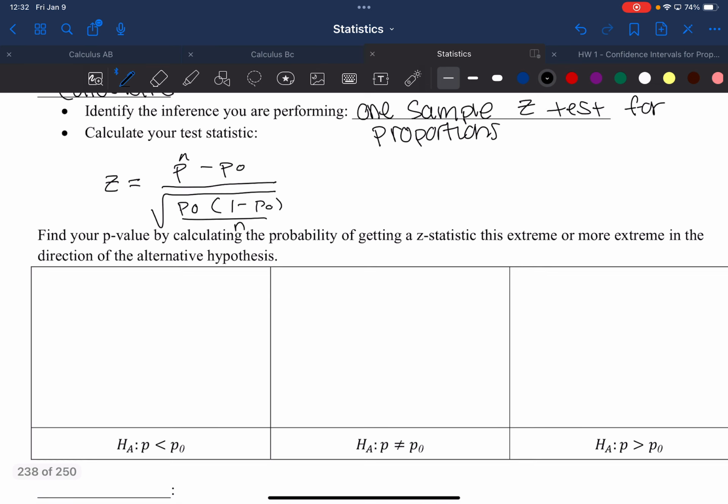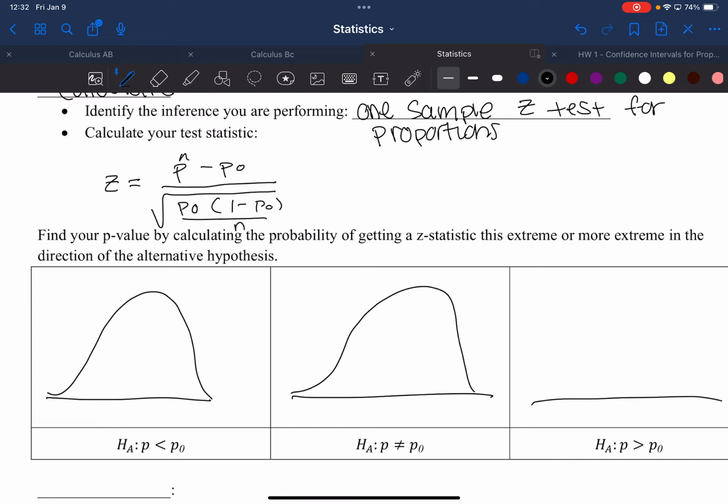So, drawing our normal curves again, we're going to show you how the Z statistic plays a role in this. For the Z statistic, we always use the standard normal curve, which means the mean in this case is no longer P naught.